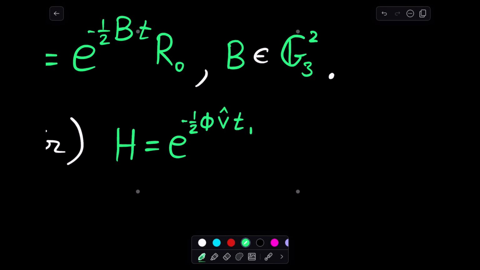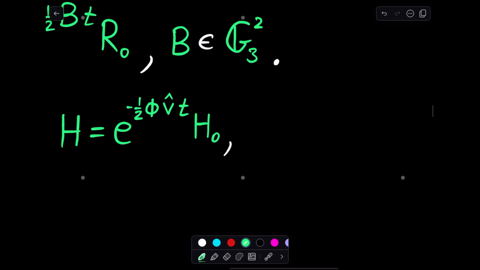And then if there's an initial, then of course you have v hat, which is an element of the vector subspace of the algebra of physical space.